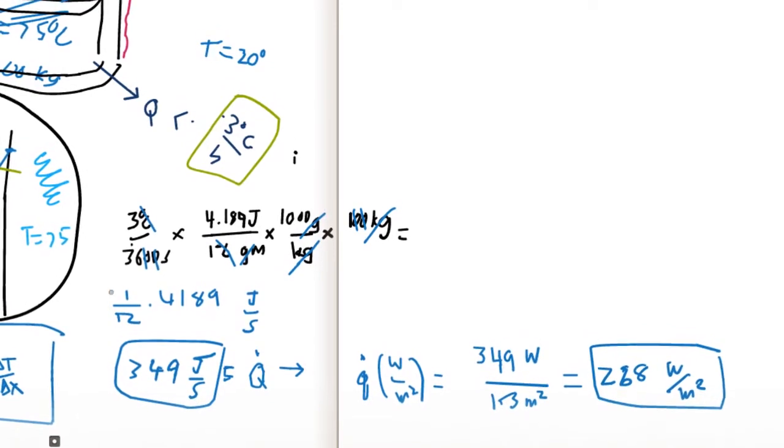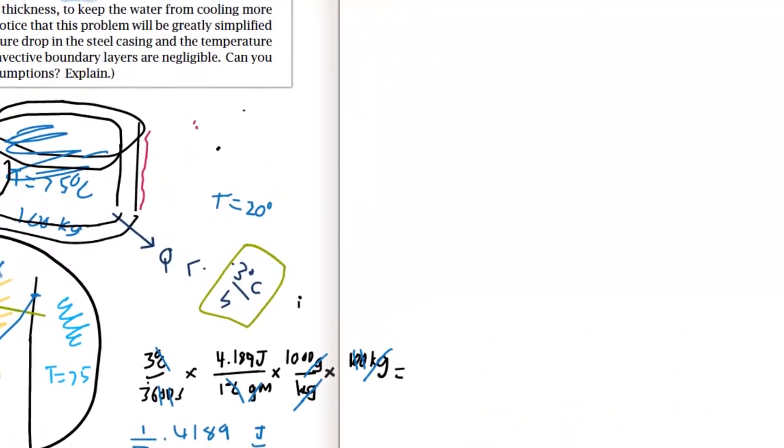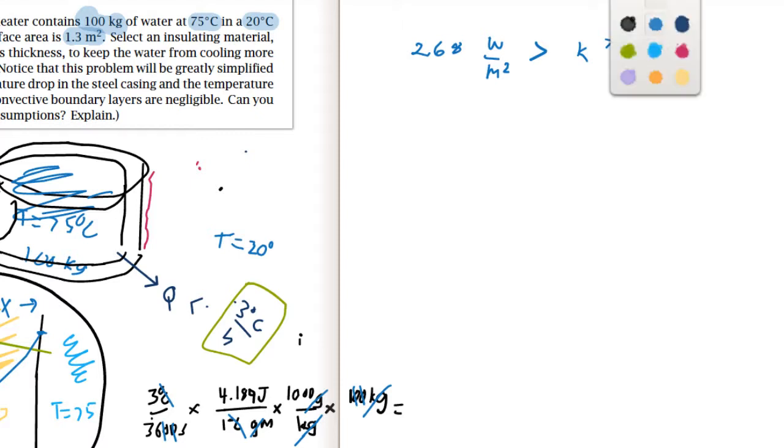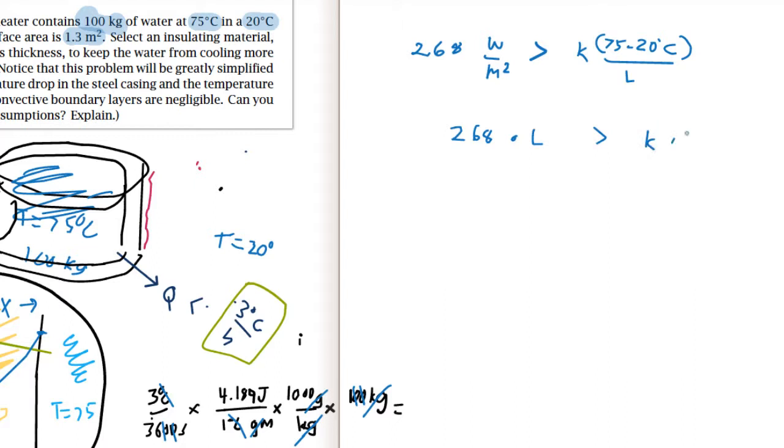So now we need to go back and select the parameters for the thickness of the insulation and the insulation type. So Q, 268 watts per meter squared, must be greater than, okay, negative K delta T over delta X. I'm just going to drop the negative because I know that the gradient is from inside to outside. 75 minus 20 over the thickness L. So we have 268 times L must be greater than K times 55.